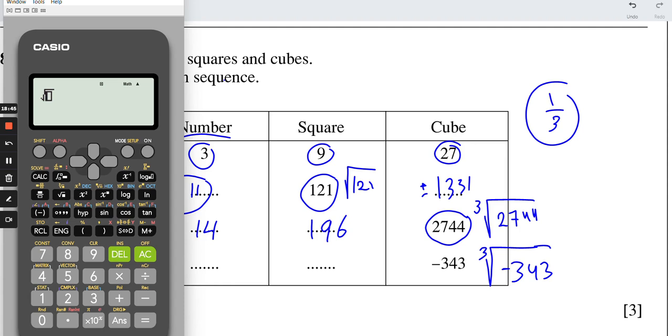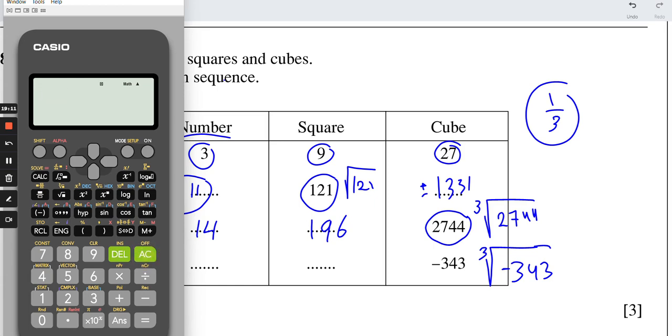For example, we know that the square root of 4 is 2 and minus 2, but if I write down the square root of minus 4, it will give us an error. You see? So now minus 343 to the power 1 over 3.